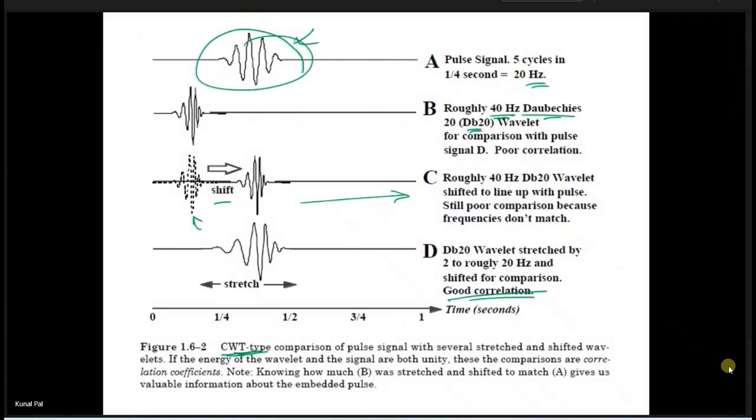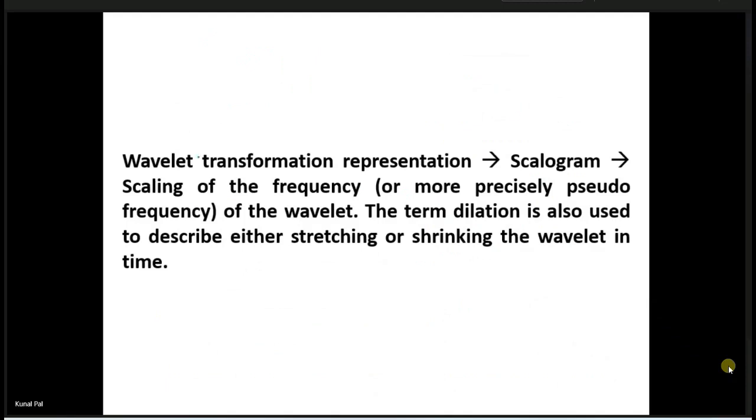As I told you, the wavelet transform representation is regarded as the scaleogram, because we are doing the scaling of the frequency, or more precisely the pseudo frequency, of the wavelet. The term dilation is also used to describe either stretching or shrinking of the wavelet, either scaling, or stretching or shrinking.